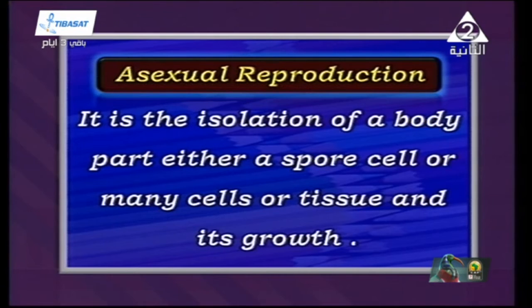So asexual reproduction means isolation or separation of a body part in different ways, a spore, many cells, or even a tissue, which can grow and give us a new individual, and also can compensate for the lost part.